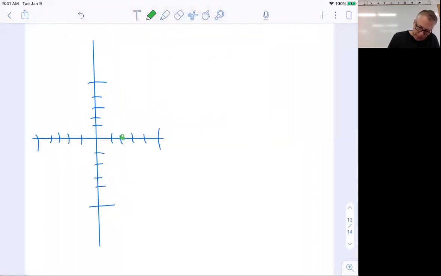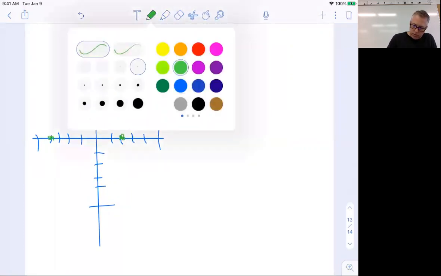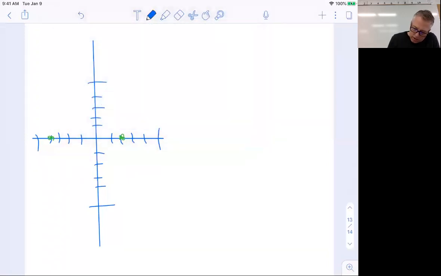Let's have a root at -4. I'm going to scale the y-axis at 20. So every notch is worth 20. So I'm going to have a y-intercept at -40. So 0, -40 is on the graph.